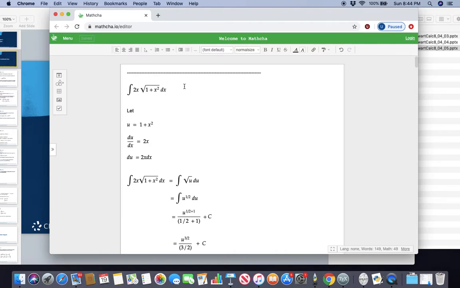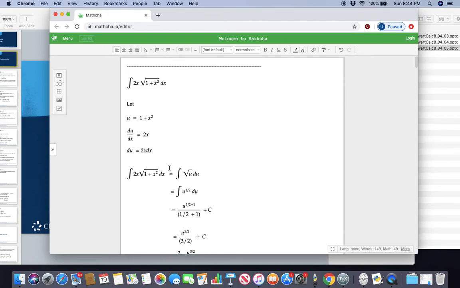So this integration is the integral of square root of u, and the rest of it is du. So this approach is called the approach of substitution. The idea is you need to find some expression which will be u, and the rest of it should be du.